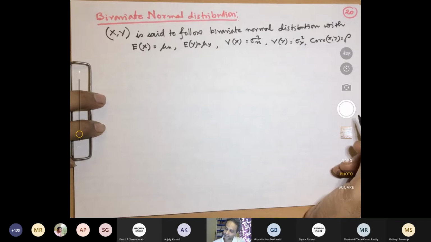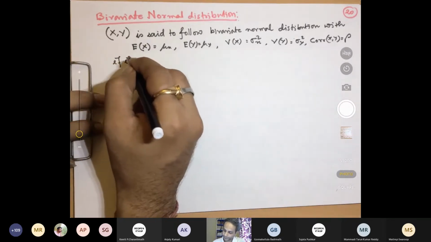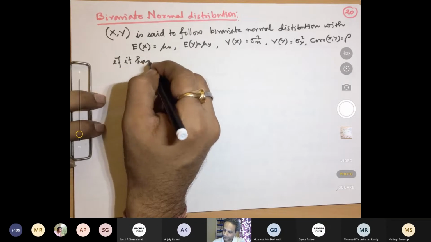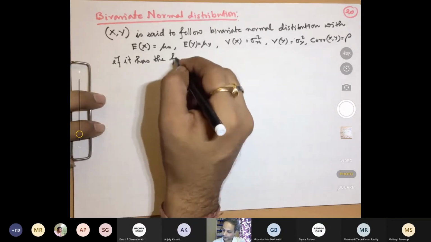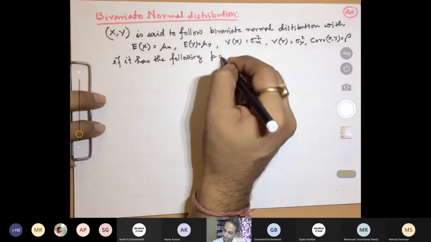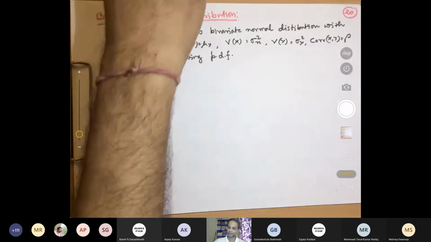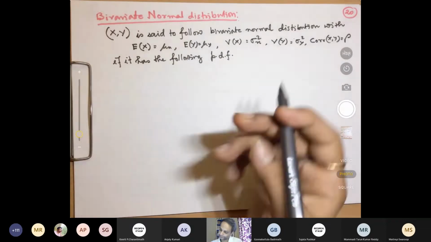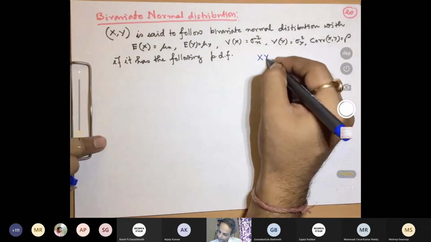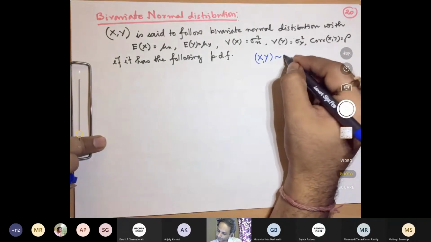With this specification, if it has the following density, it has the following PDF, and the notation is this: (x, y) follows normal.